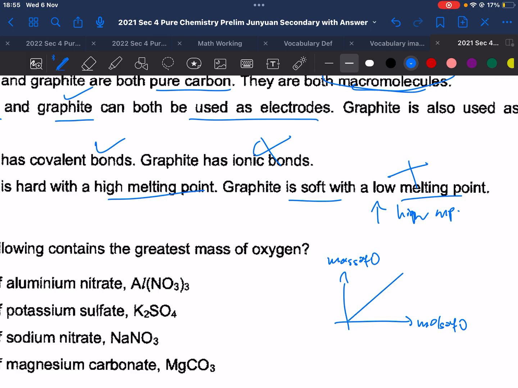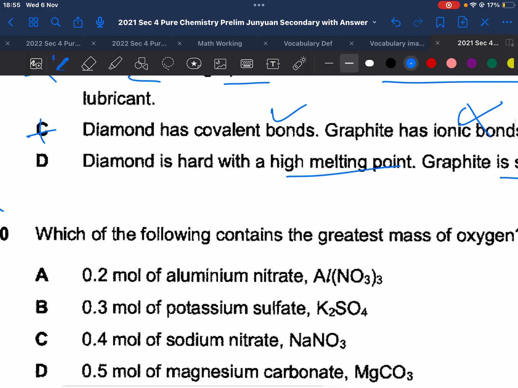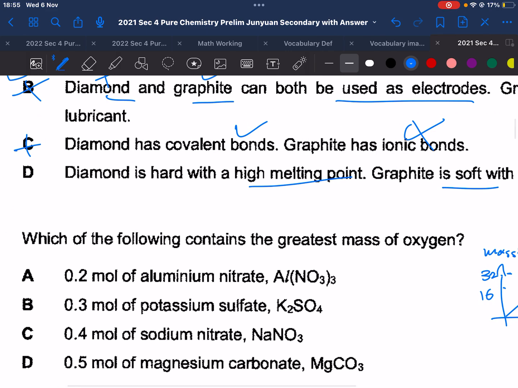For example, if I have 1 mole, I will have 16 grams. If I have 2 moles, I will have 32 grams of oxygen. So this is how it works. We basically just find the most number of moles of oxygen.